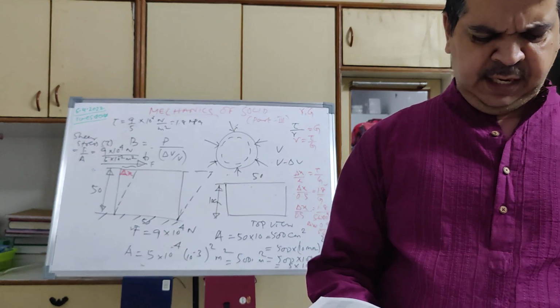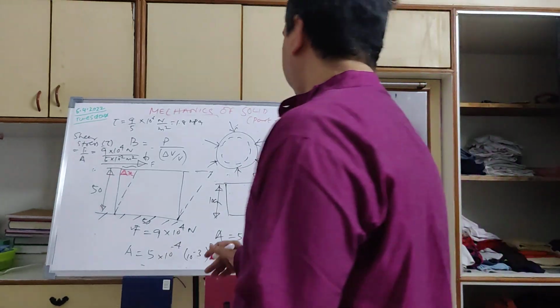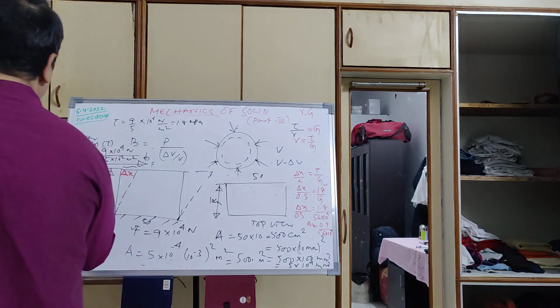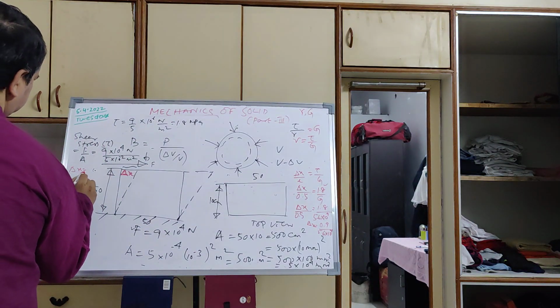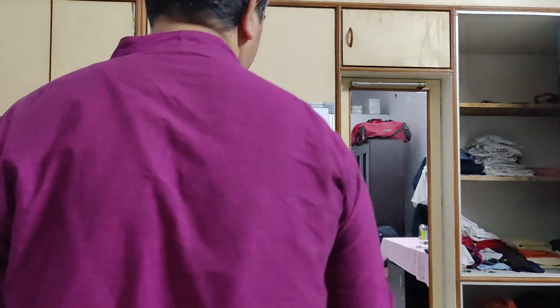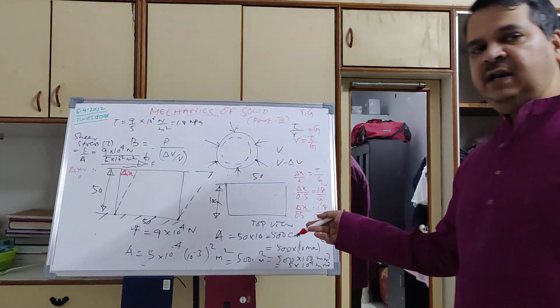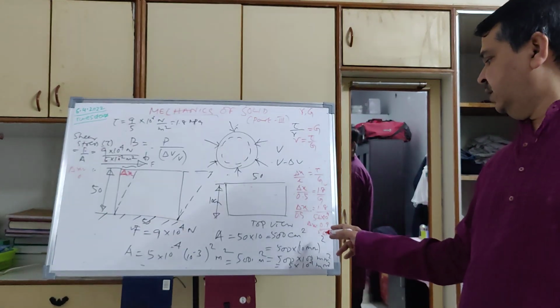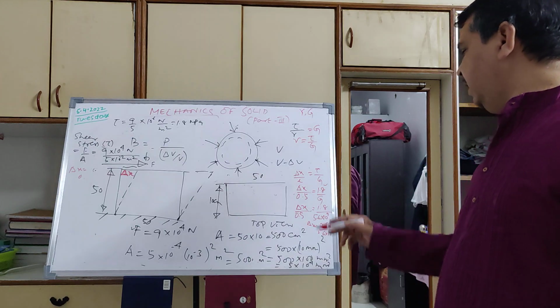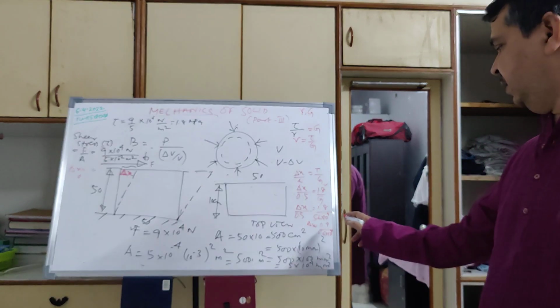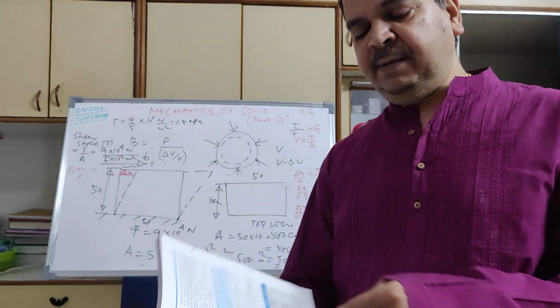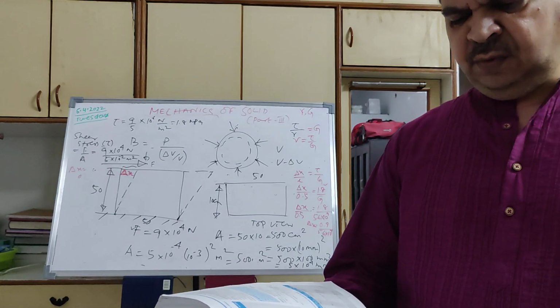So finally you will get the result as 0.16 mm. So del x is 0.16 mm. You can see 0.9 by 5.6 is 9 by 56, which is nothing but 1.6.